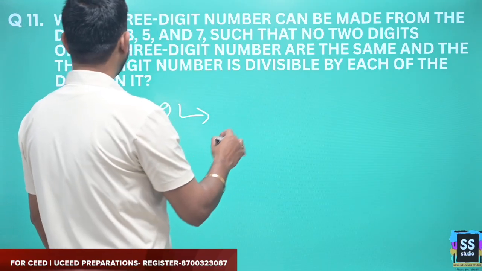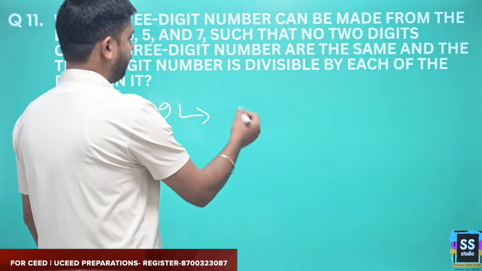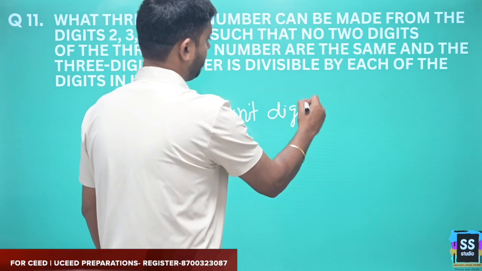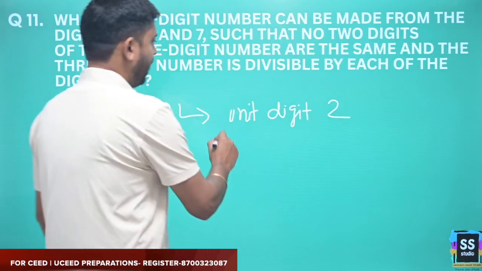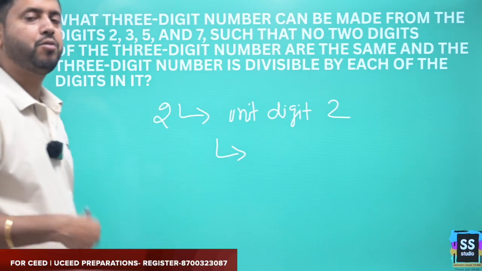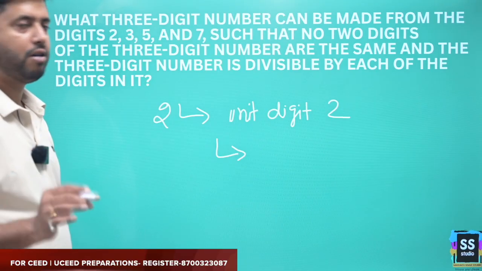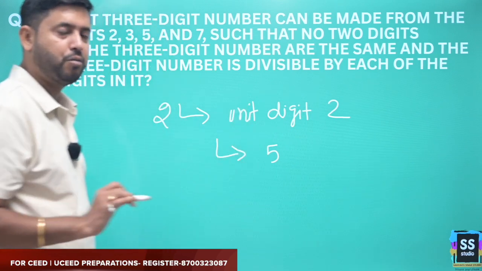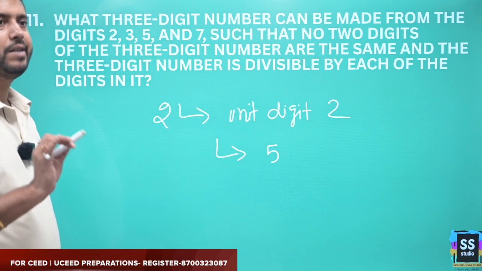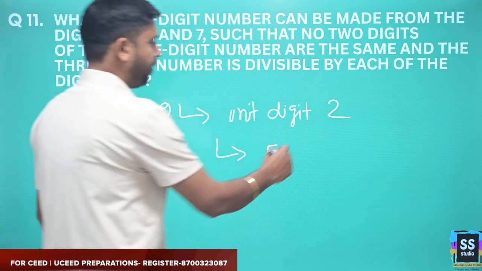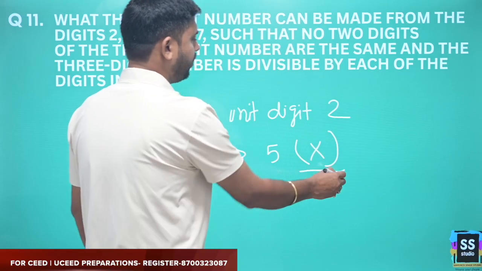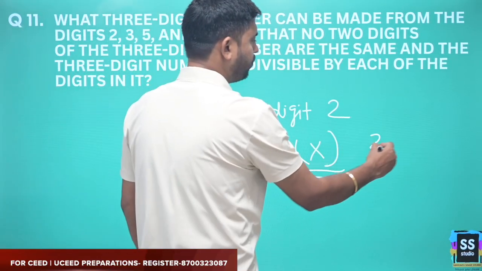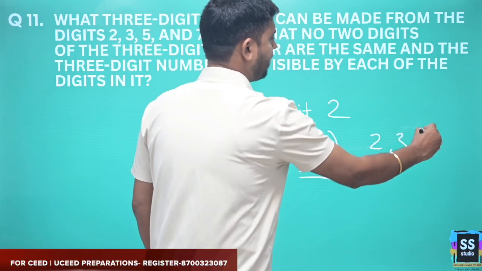So the unit digit is 2. Now, if the unit digit is 2, that number will not be divisible by 5. So 5 is out of the picture.